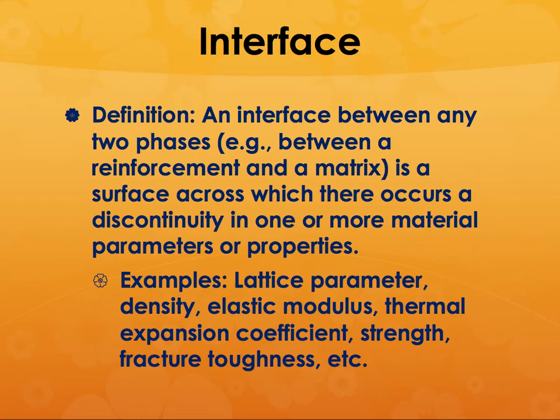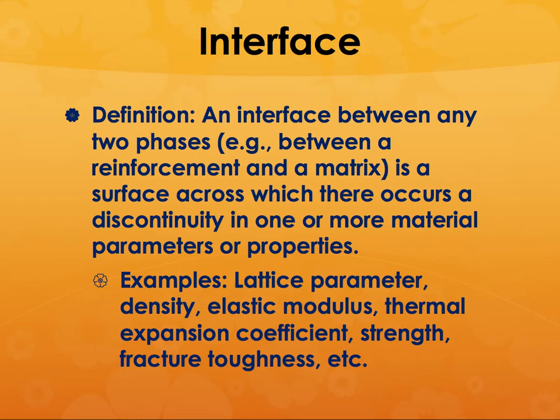The interface, even though it contains the smallest amount of the ingredient in a composite, especially in the case of ceramic matrix composites, has an outsized influence on the final properties of the composite.